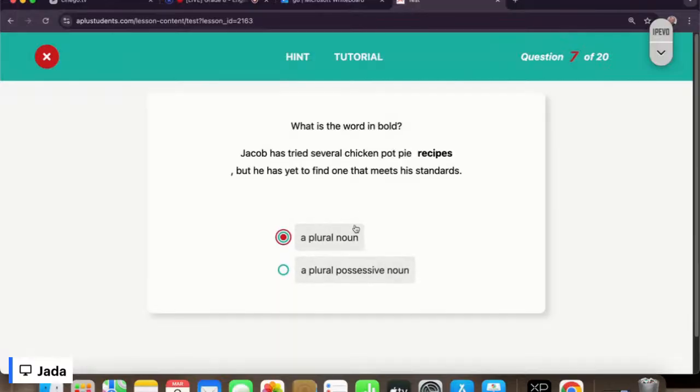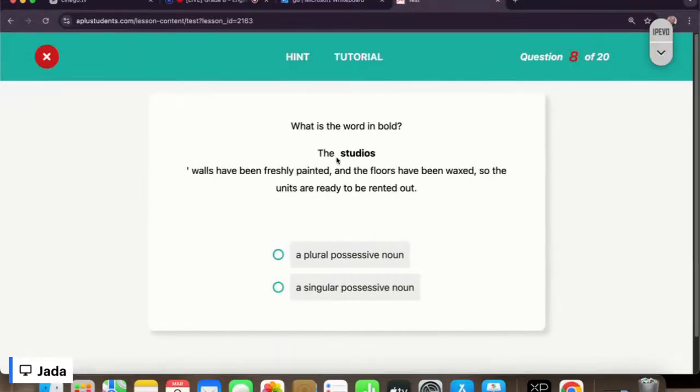Okay, so we have what, recipes, plural now. Then the studio's walls have been freshly painted and the floors have been waxed, so the units are ready to be rented out. First to second.